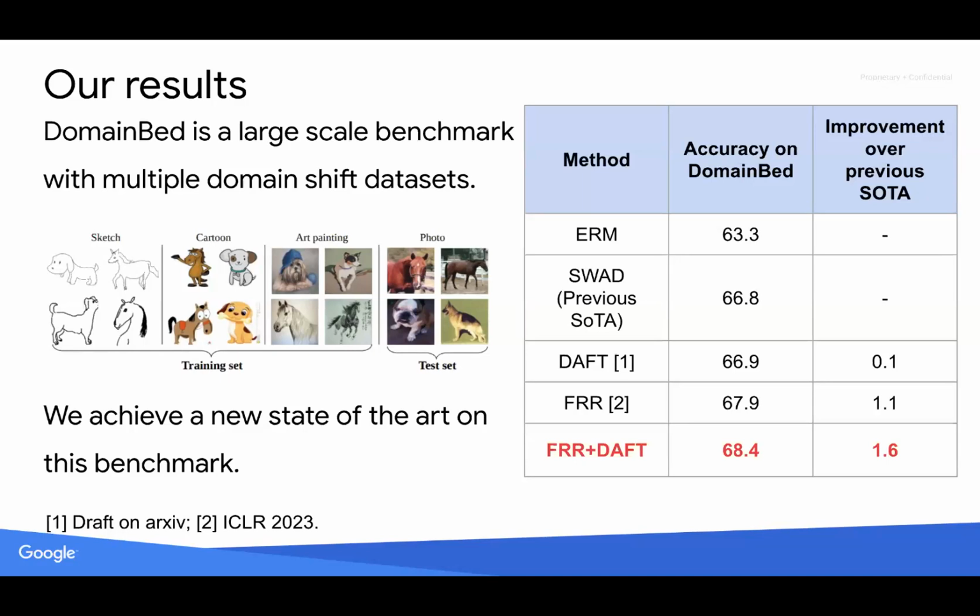And on this benchmark, we achieve a state-of-the-art accuracy number. In particular, ERM achieves an accuracy of 63.3 on DomainBed. And after several years of work, SWAD, which was the previous state-of-the-art, achieves about 66.8% accuracy. Both DAFT and FRR individually can improve over SWAD. And when we combine both FRR and DAFT, it provides a substantial improvement of 1.6 percentage points over the previous state of the art.